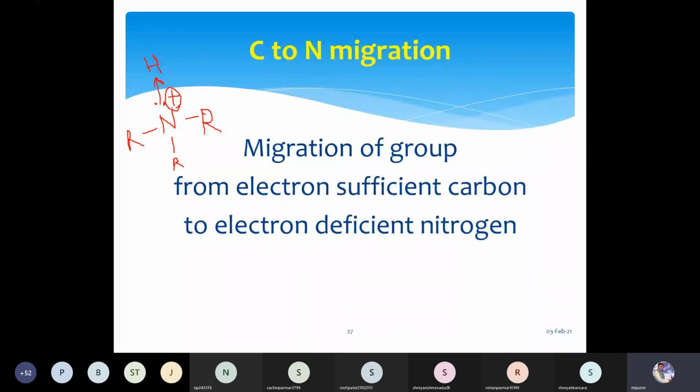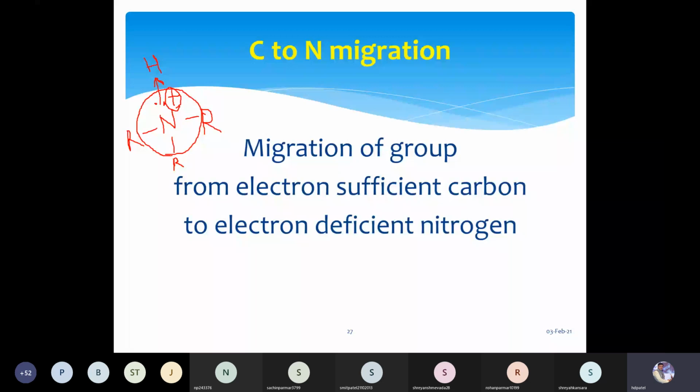as per the octet rule, this nitrogen has a sufficient number of electrons, means 1 2 3 4 5 6 and 7 8. So this nitrogen is not electron deficient as per the octet rule. Sufficient electrons are available around nitrogen, so we cannot consider it electron deficient.